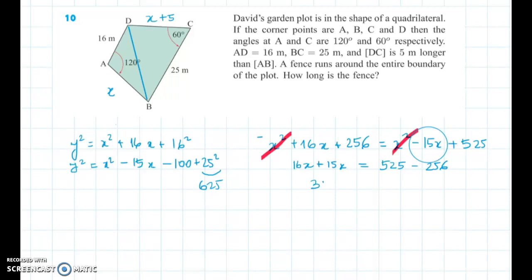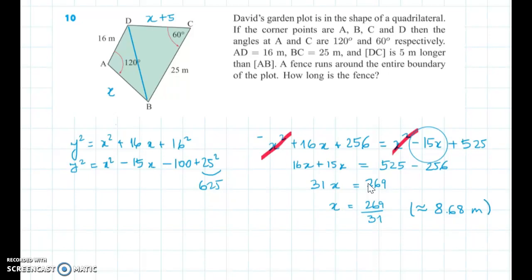So that means that 31 times x has to be the same as 269. So x is 269 divided by 31. If you wish, you can find what that is approximately. That's, to three significant figures, 8.68 meters. But we don't need that value for now.